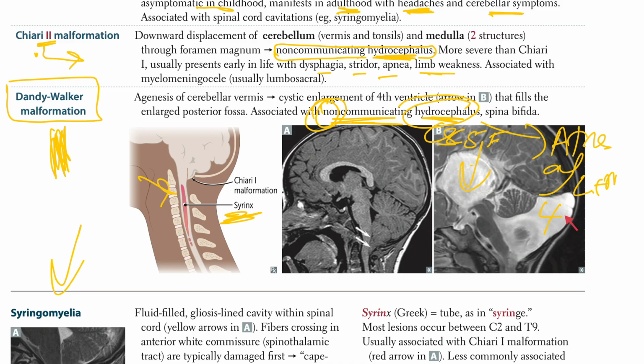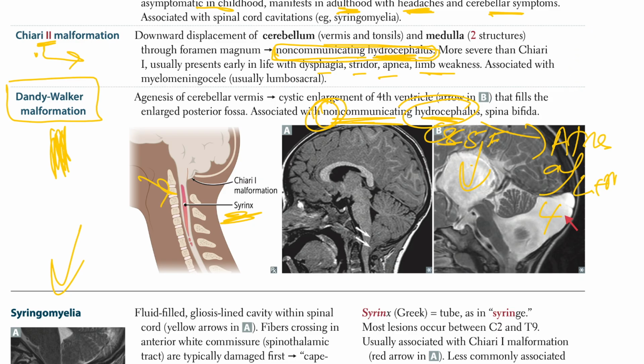But what about this top one? Why do we have non-communicating hydrocephalus up top over there? That's due to the fact that you have aqueductal stenosis. When the medulla and cerebellum went down, you have the cerebral aqueduct between them right here, so that just pushes on the cerebellum.